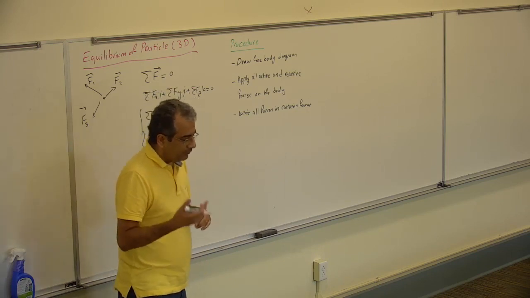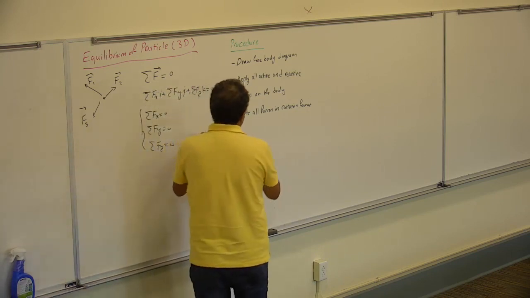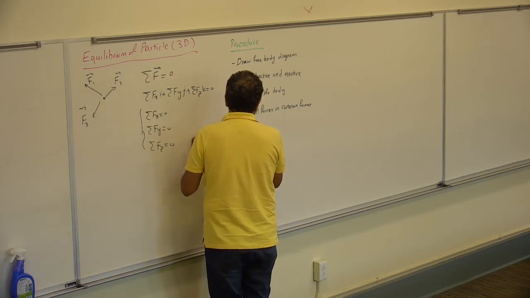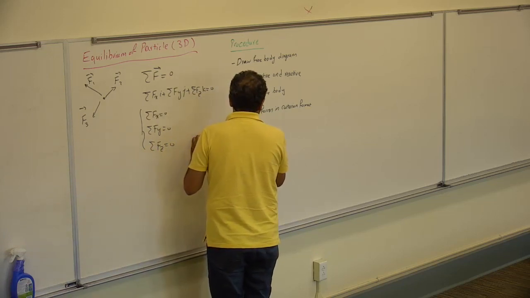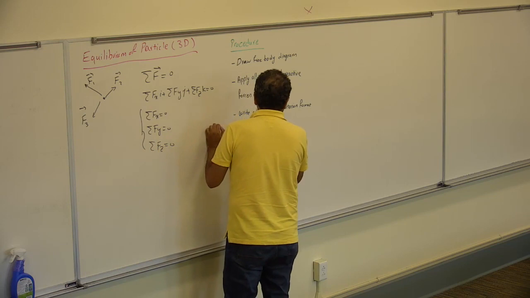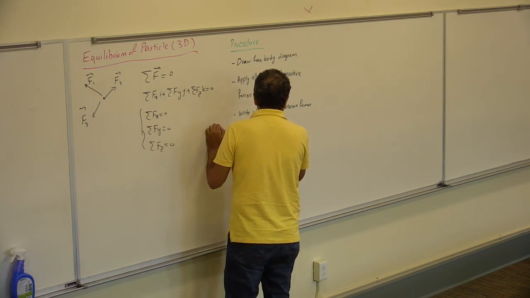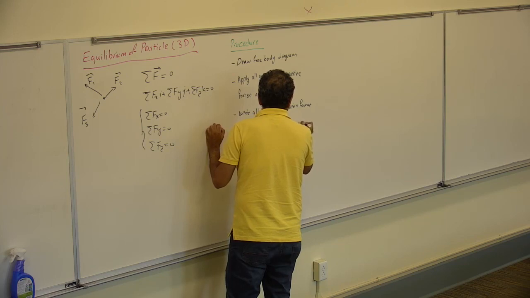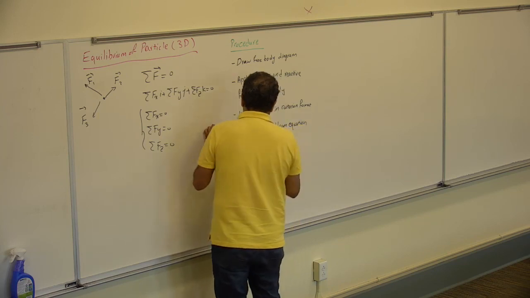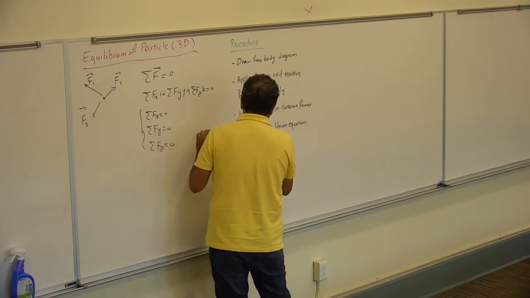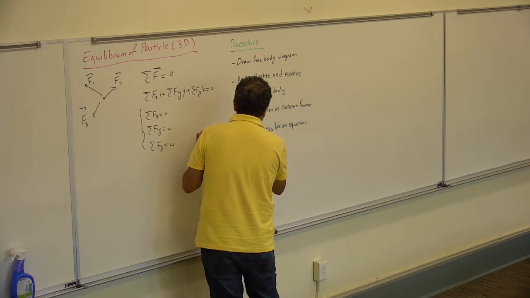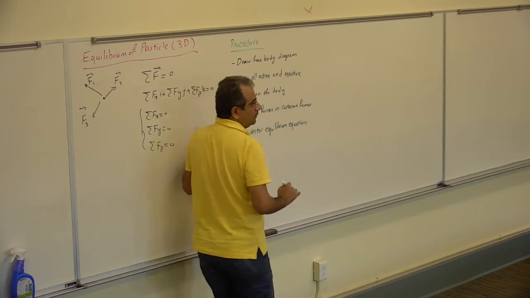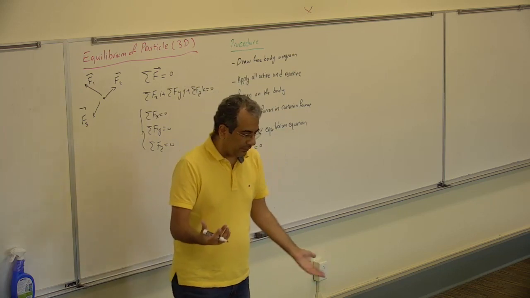Just write the vector equilibrium equation. In other words, write sigma F = 0 in vector format.